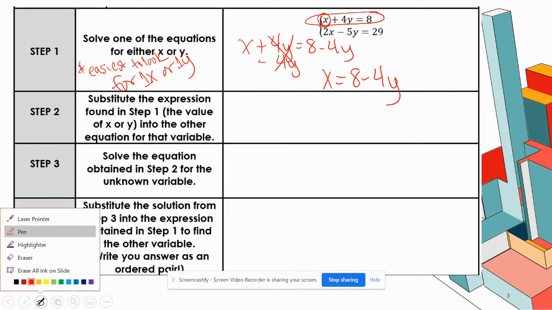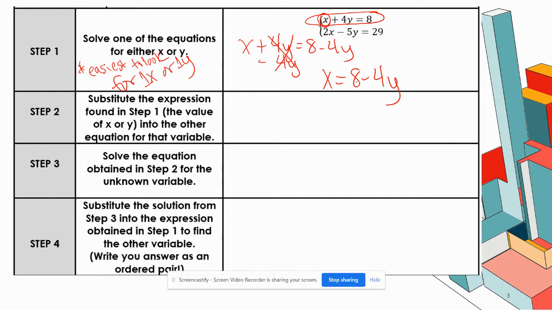Now that I've done that, I'm going to take that second equation that we haven't done anything with yet, and because this is x equals, I'm going to plug it in for x in the second equation. So I have 2x minus 5y is equal to 29. And the only thing that I'm changing is I'm taking what I solved for x in here, 8 minus 4y.